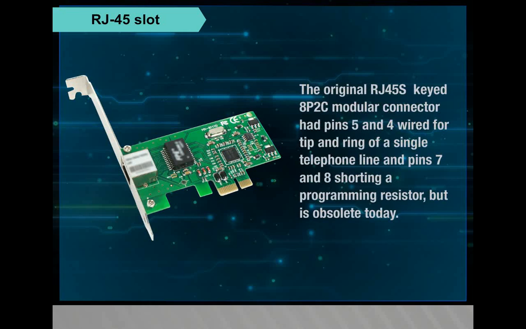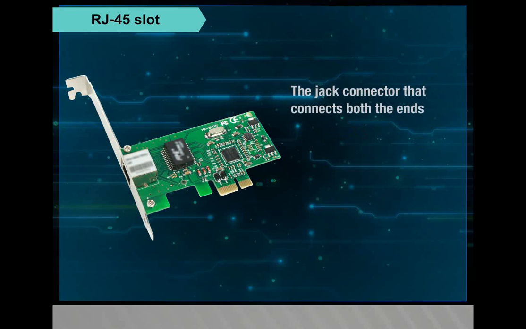The original RJ45S keyed 8P2C modular connector had pins 5 and 4 wired for tip and ring of a single telephone line, and pins 7 and 8 shorting a programming resistor, but is obsolete today.